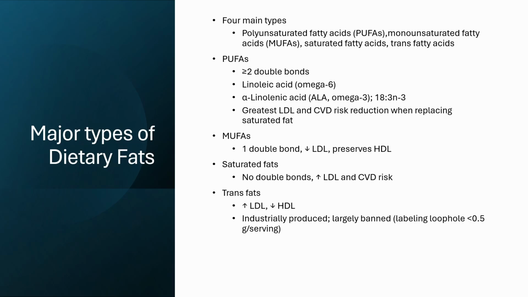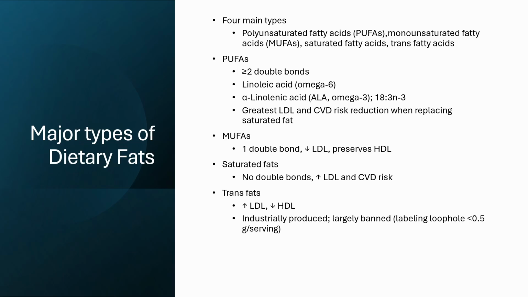As a side note, the scientific abbreviation for alpha-linolenic acid is 18:3n-3. This means alpha-linolenic acid is an 18-carbon fatty acid with 3 double bonds, with the first double bond occurring at the 3rd carbon from the terminal methyl end, also referred to as the omega end.